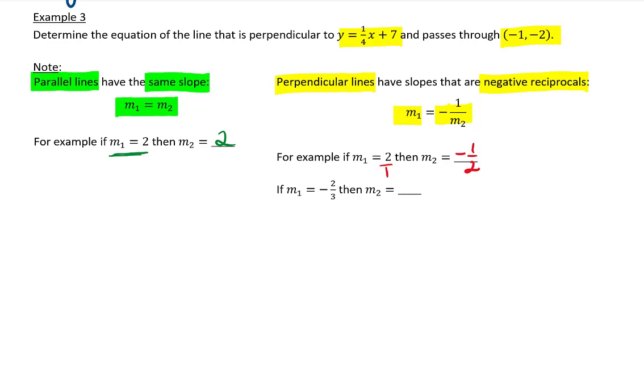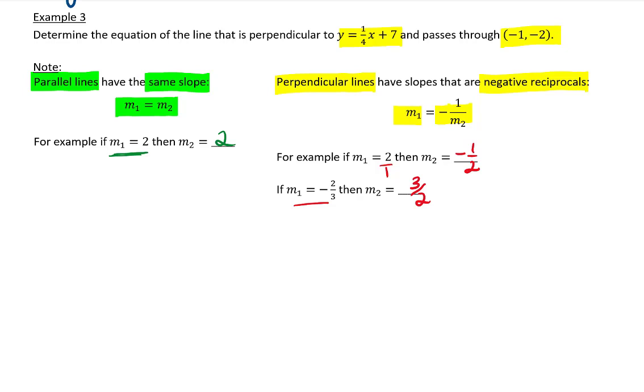If the slope of line 1 was -2/3, then we take the negative of a negative, so it's going to be positive, and then we take the reciprocal, so positive 3 over 2. So the reciprocal just means flip the fraction.